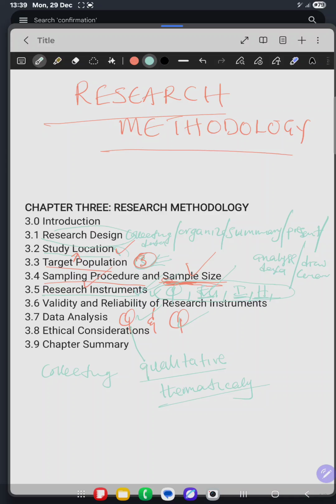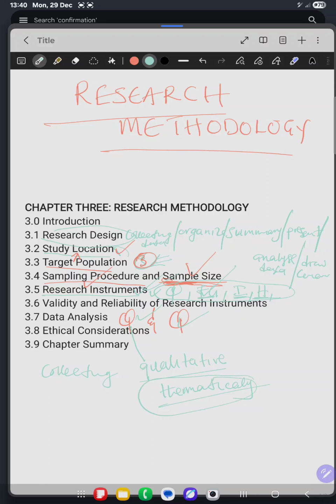To analyze data thematically means you are analyzing the data based on what you've seen, using your logical thinking, and then you come up with some reasonable decisions or conclusions based on what you've seen.